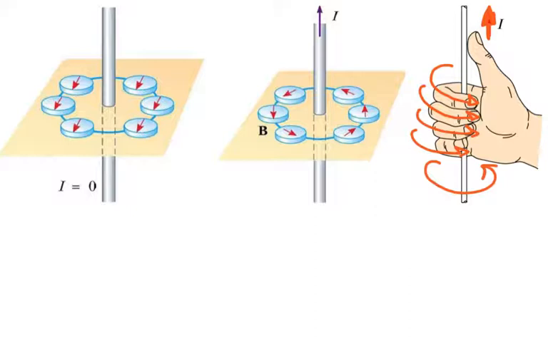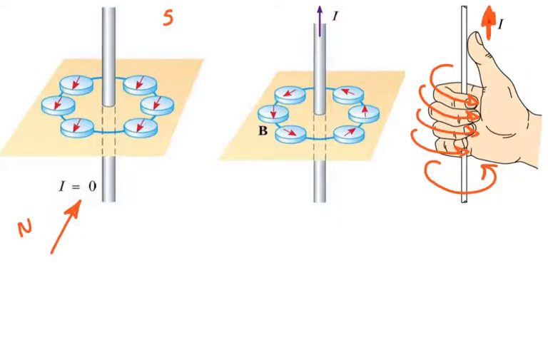Here you also see that when there is no current in the wire, if you place compasses around the wire, they all will point to the north. Maybe this was the north pole of the earth, and this was the south pole, and it will show you the direction of north and south.